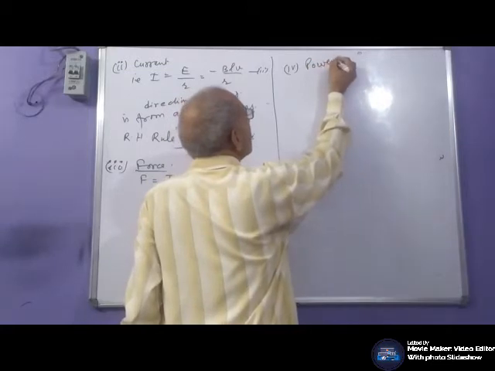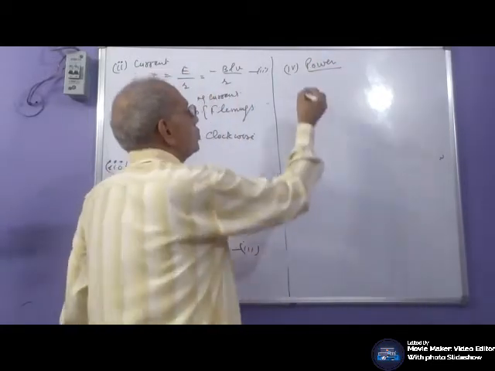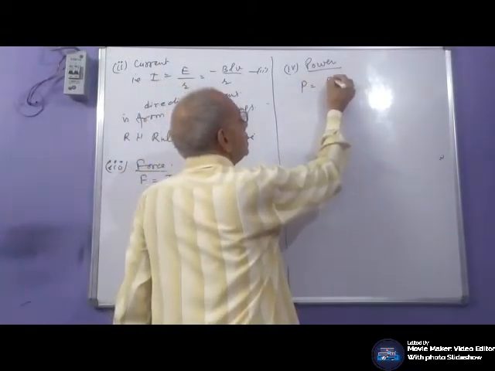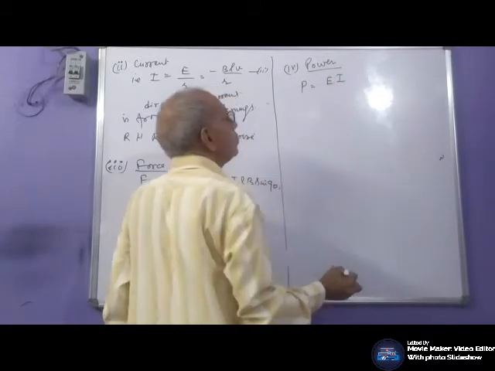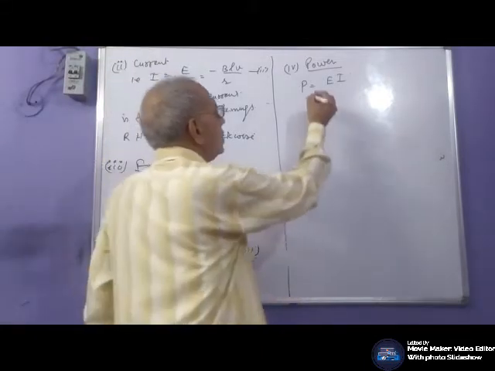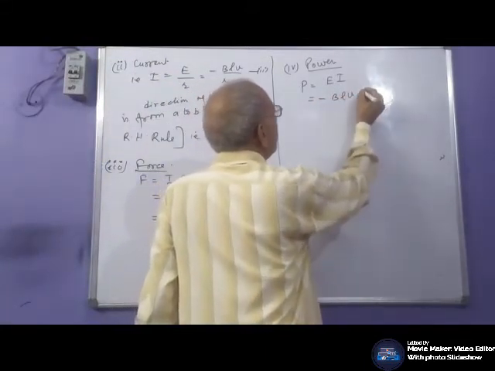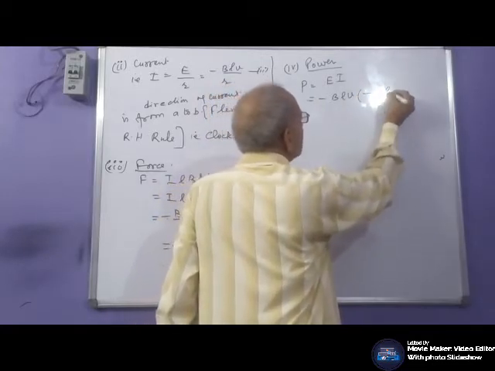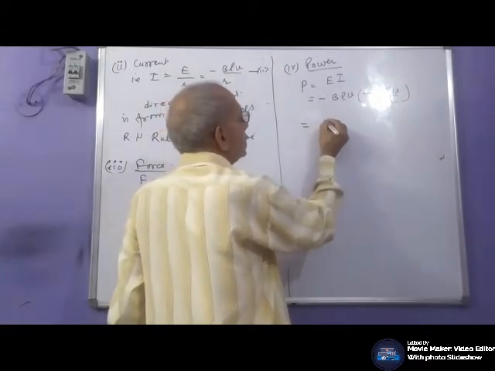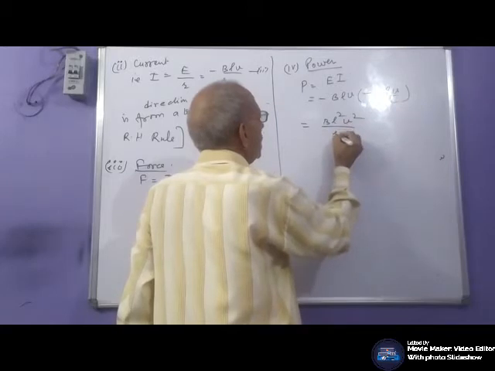Power on conductor, power is EI, E is minus BLV, I is minus BLV by R. It is plus B square L square V square by R.